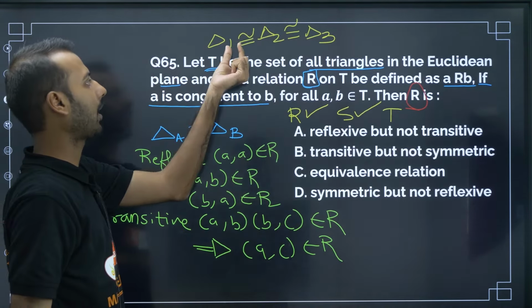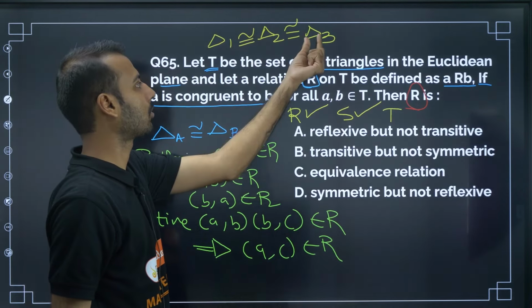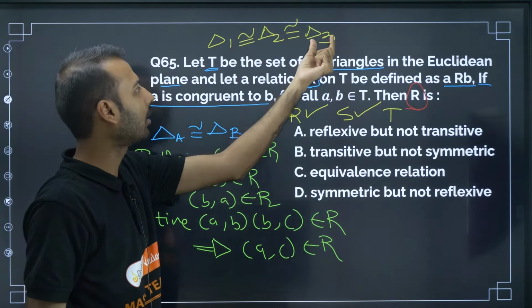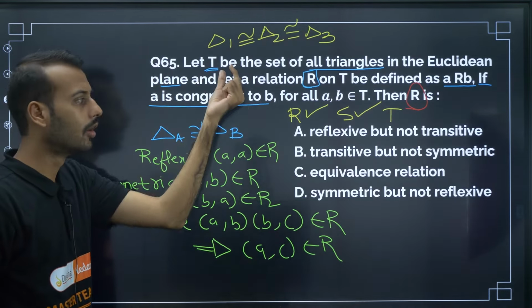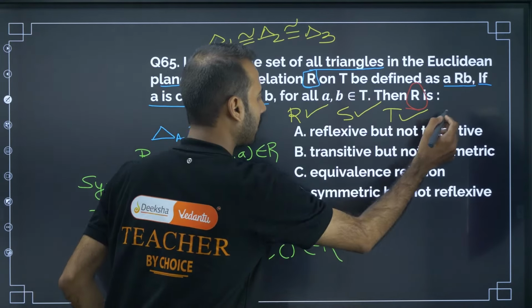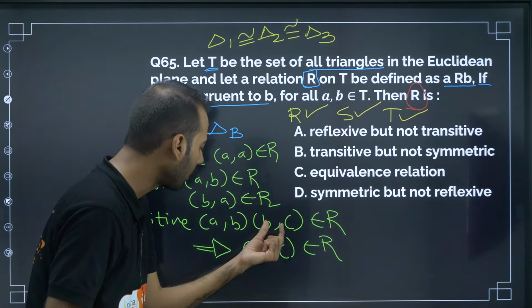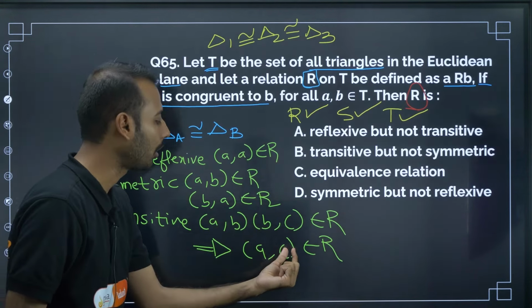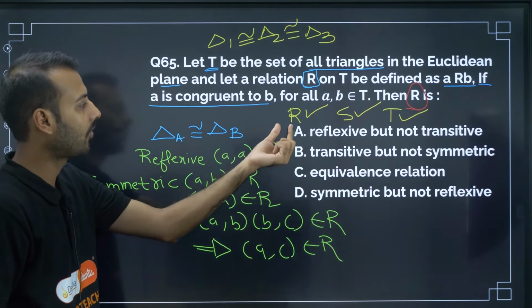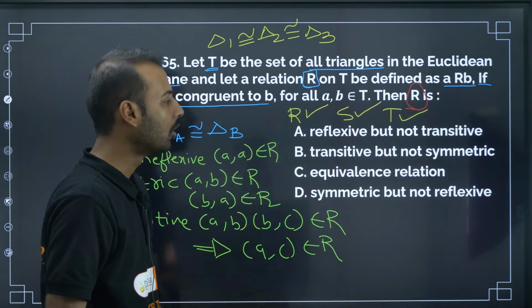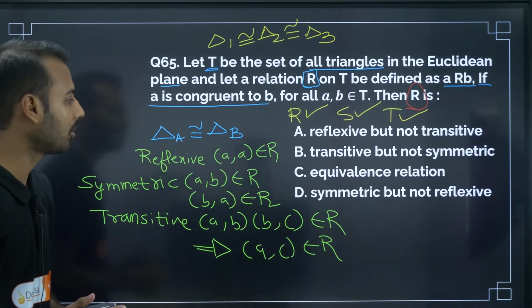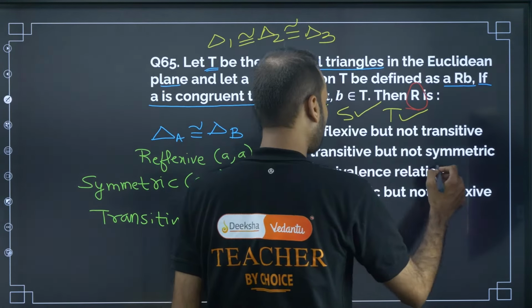Then it is very obvious that the first triangle is congruent to the third. So it is transitive as well. So this relation is reflexive, symmetric and transitive, which means this is an equivalence relation.